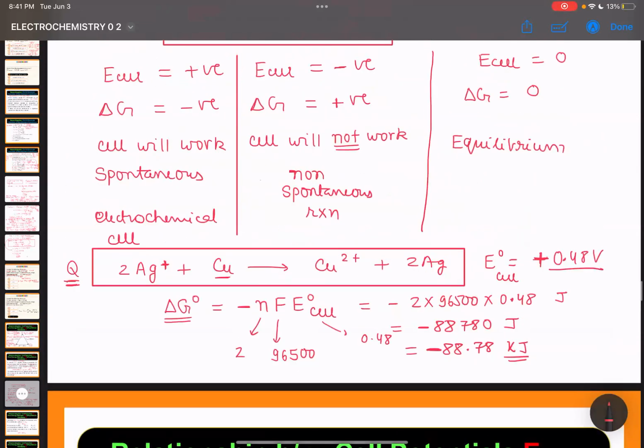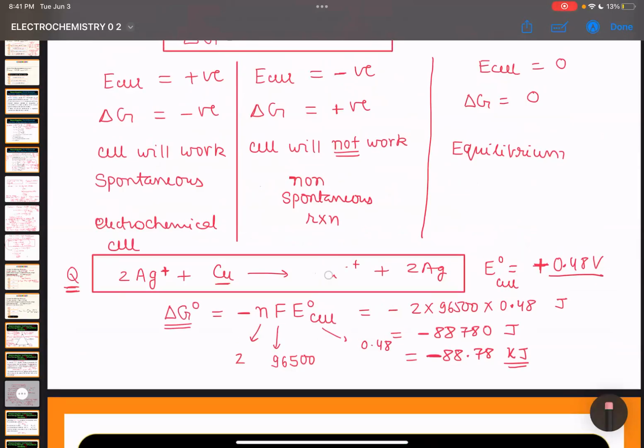Now, suppose initially you have taken only reactants. The reaction will move forward, and as it moves forward, the concentration of the reactant is decreasing and the product is increasing. A point is attained when the products are sufficiently formed, and the product and reactant can again start reacting backward.